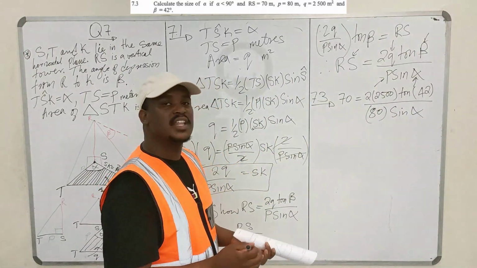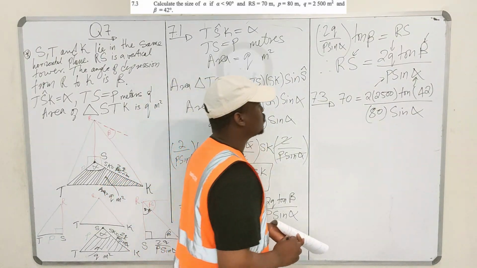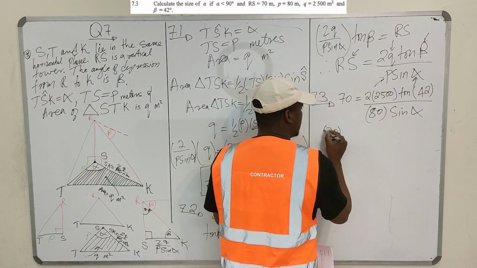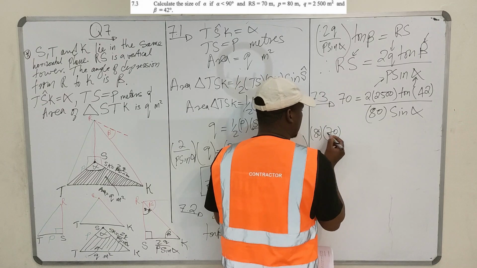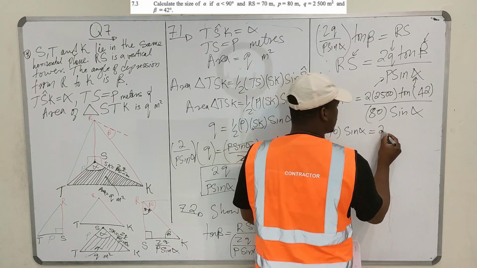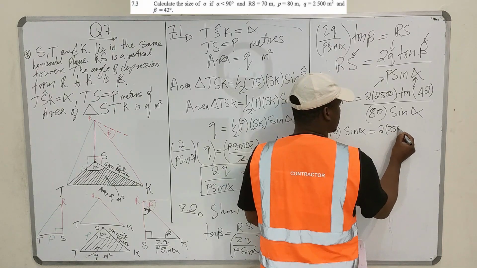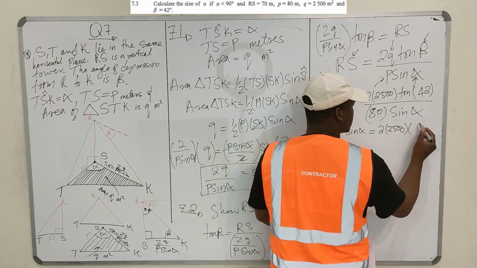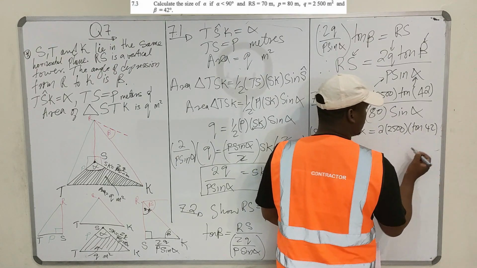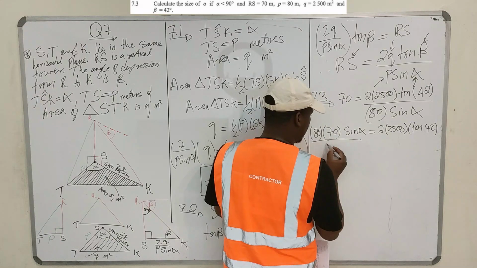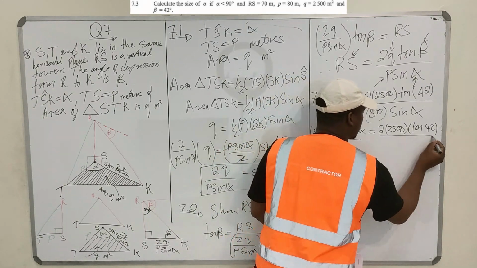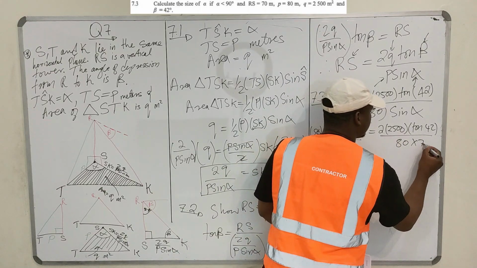This is straightforward. You wish they give you something like this all the time. So you cross multiply, so you have 70 times 80 sine alpha is equal to 2 into 2,500 times tan 42. Then divide by 80 times 70.